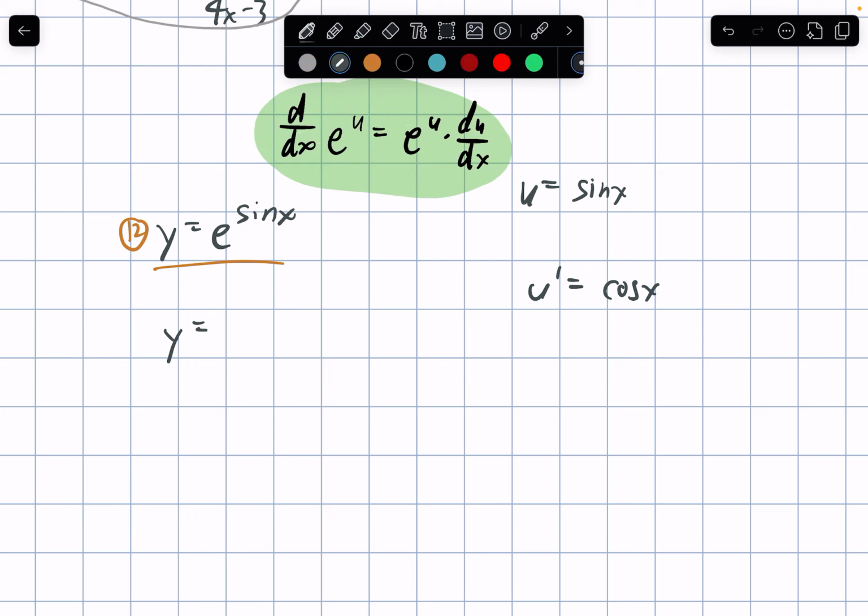So e^(sine x) times du over dx, which is cosine x. Let's see. This is the final answer already. Oh wait, by the way, this is supposed to be like that. Okay. That's it. Number 13. Let's move to 13.